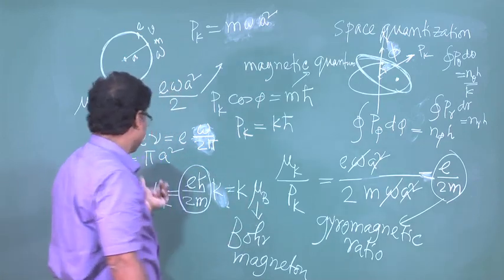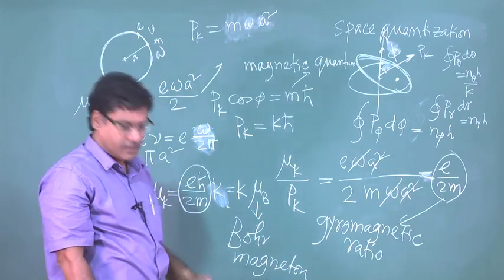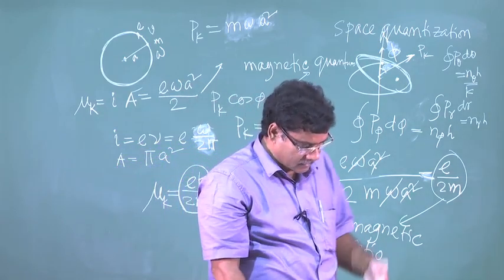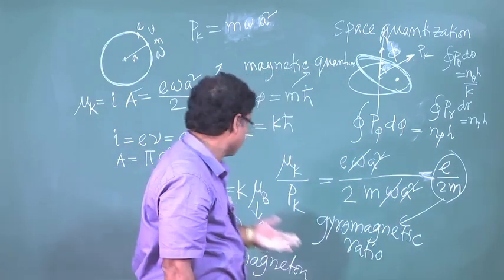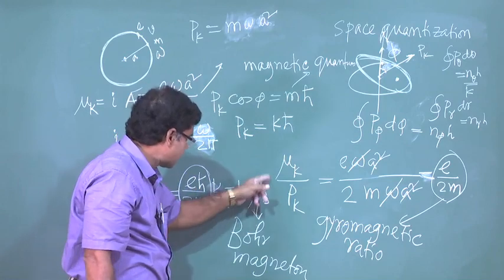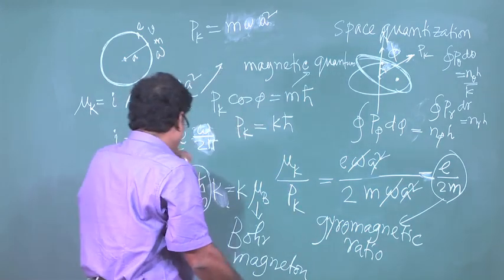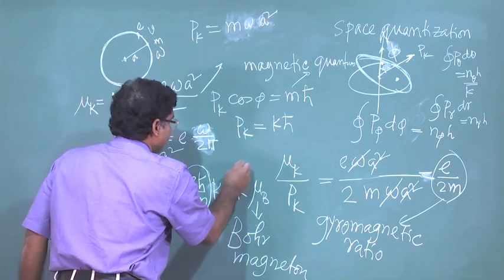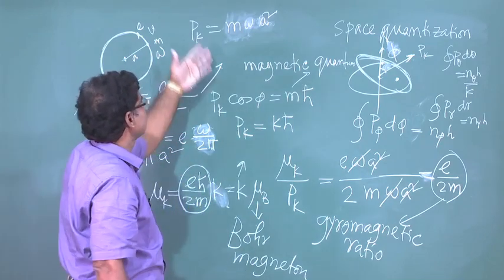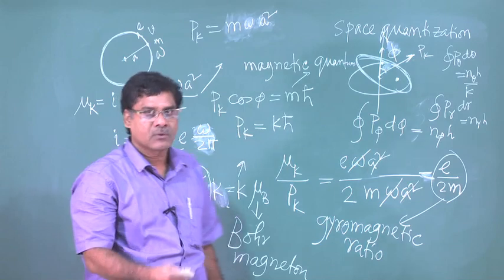Similarly, this magnetic moment we express in terms of mu B: 2 mu B, 3 mu B, 4 mu B, because this k value can take 1, 2, 3, 4, 5.